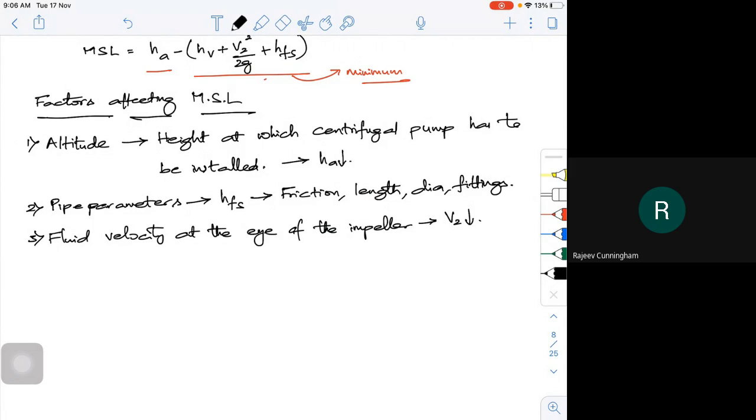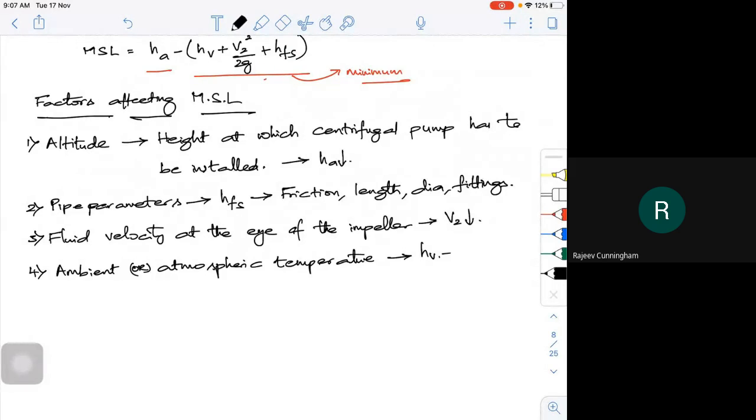And also your ambient conditions. Your ambient or atmospheric temperature has a major impact on your vapor head.